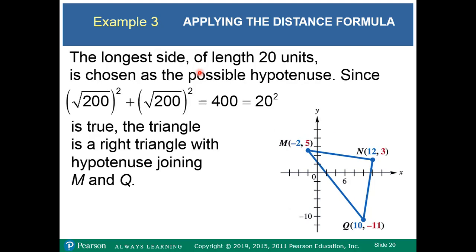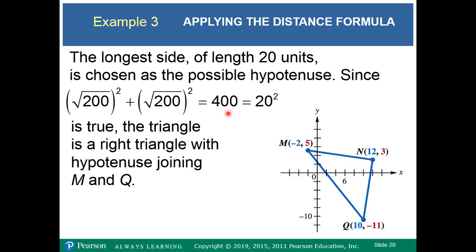Now let's see where it works. So we get this one, and both of these legs were the same. So this is an isosceles triangle. This one is going to be 200, and this is going to be 200. 200 plus 200 equals 400, which is the square of the length of the longest side.